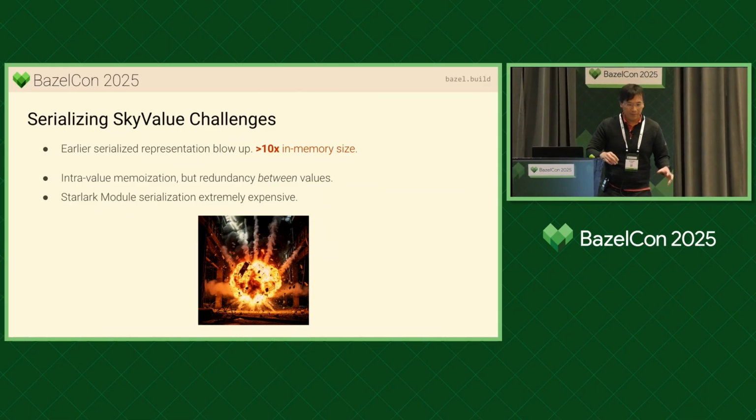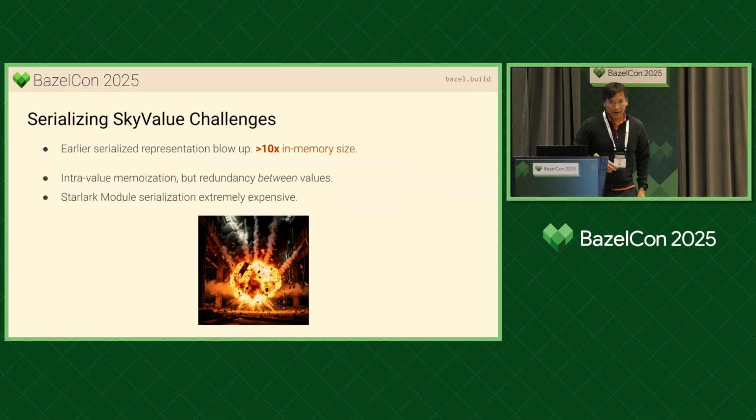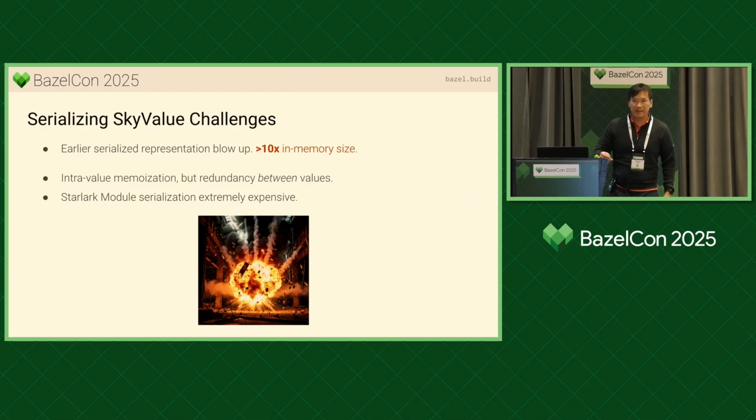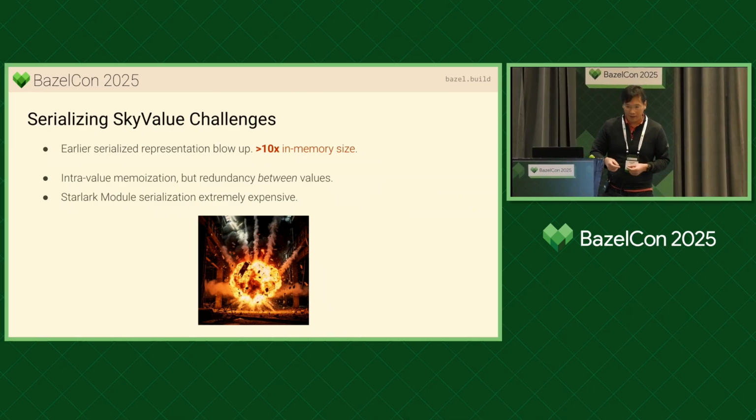Okay, so a naive, Java serialization-like approach to this, which was what we did in our early attempts, proved to be very, very bad in terms of the serialized representation. There was like a 10x blow up. So you're suddenly looking at 150 gigabytes to store this build on disk, which seems like a lot.